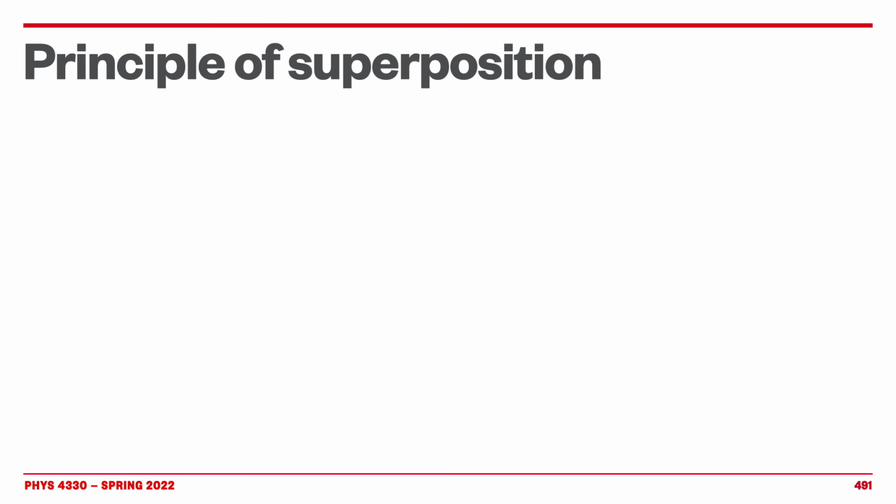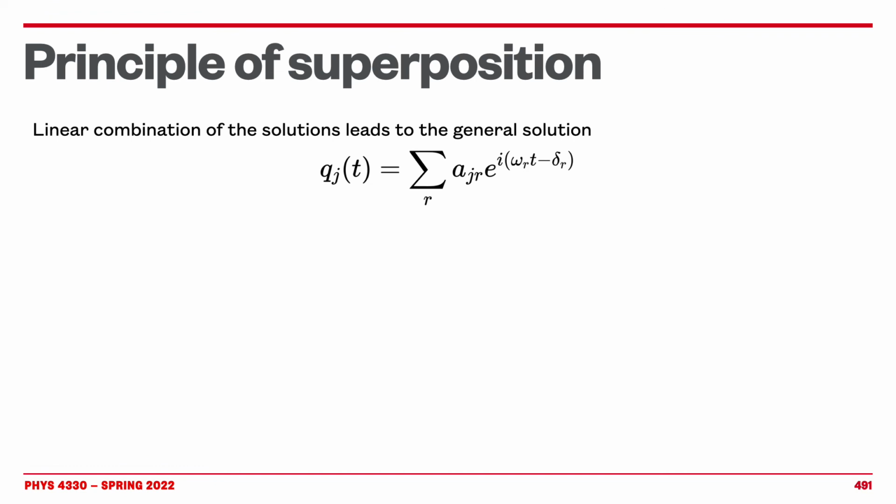So far we spoke about the frequencies. It turns out that the general solution in this kind of linear problem, if we have n solutions, is actually a superposition of all the possible solutions.